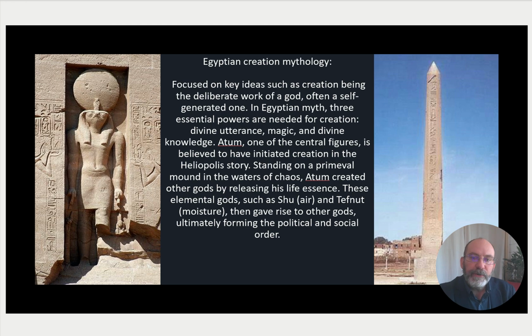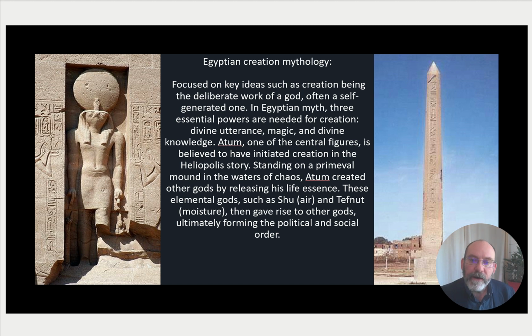So Egyptian creation mythology focused on key ideas such as creation being the deliberate work of a god, often a self-generated one. In Egyptian myth, 3 essential powers are needed for creation: divine utterance, magic, and divine knowledge.